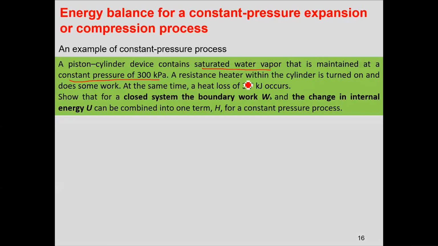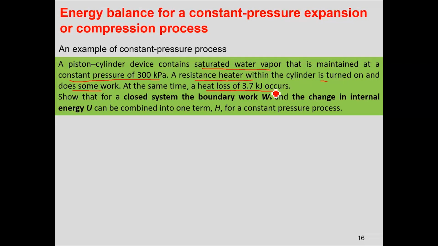A resistance heater within the cylinder is turned on, and as a result the piston cylinder assembly does some work, and at the same time there is a heat loss of 3.7 kilojoules that takes place.